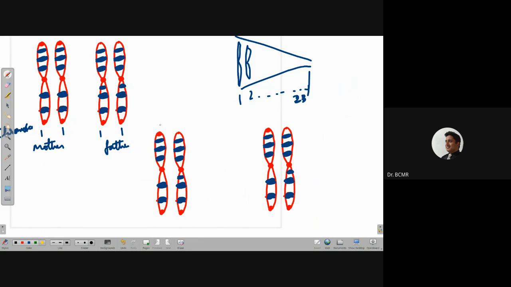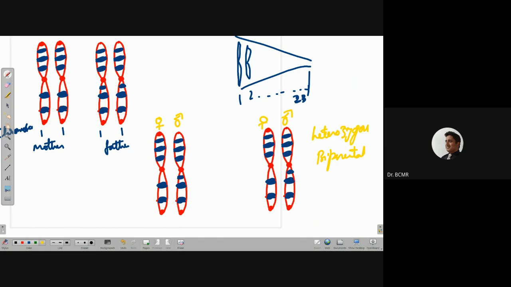One has been obtained from the mother, and the other one from the father. They are heterozygous, and they are biparental because they got these chromosomes from two different sexes, from father and mother.